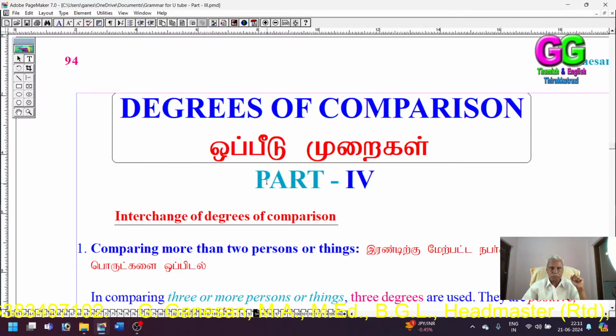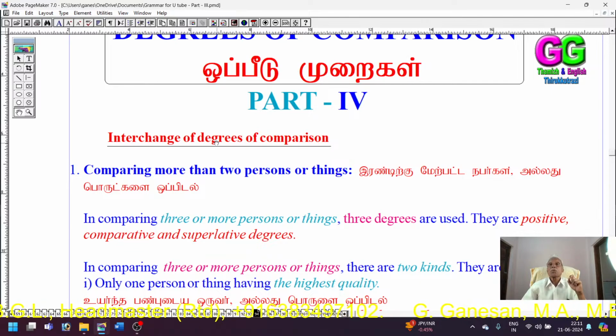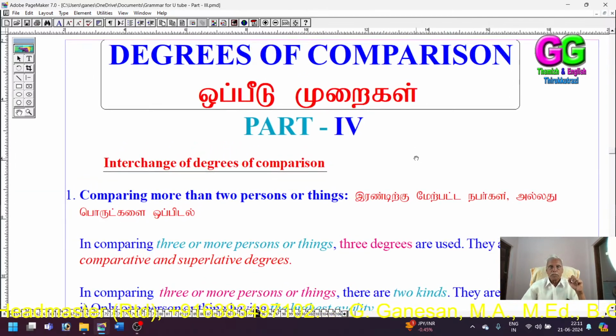Degree of comparison, part 4. Interchange of degrees of comparison. That is, now we are saying comparing three or more persons or things.